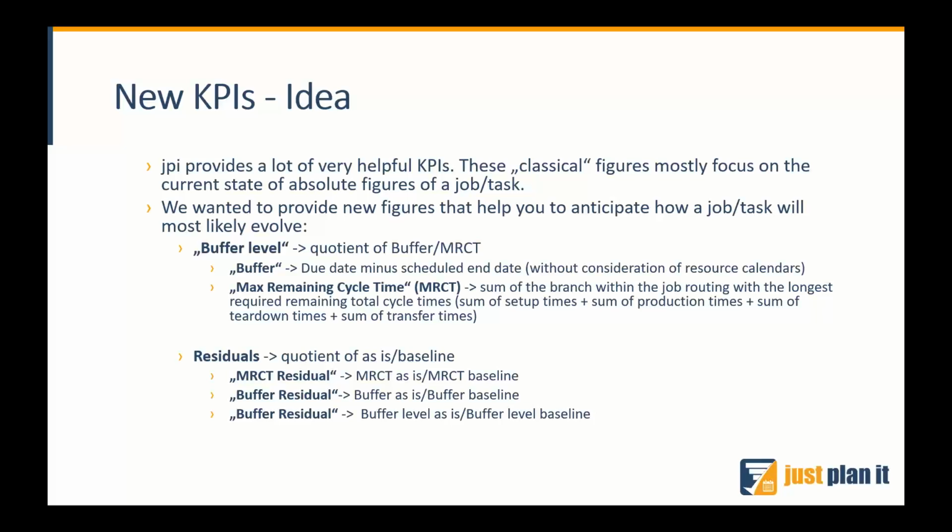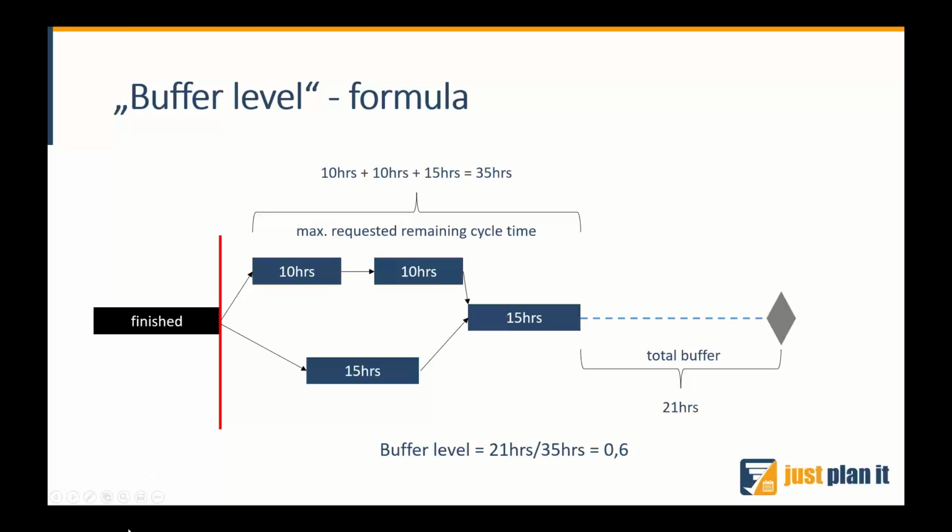I'm moving forward to the slide that will help you to better understand the formula, using a graph to explain how you calculate the buffer level. It starts from now, with the planning start line. It is not considering any finished portion, but just adding up the required time that you need to complete the job.